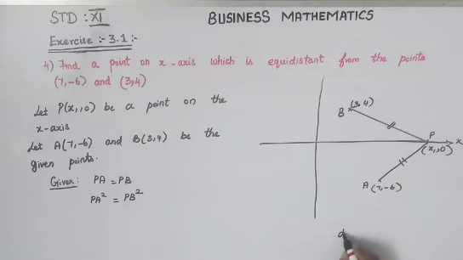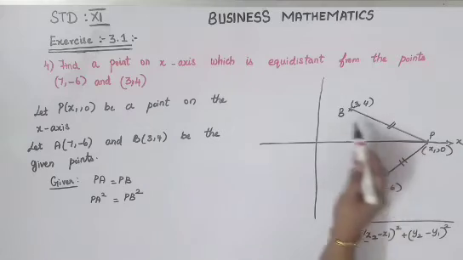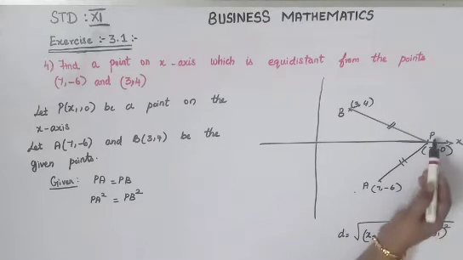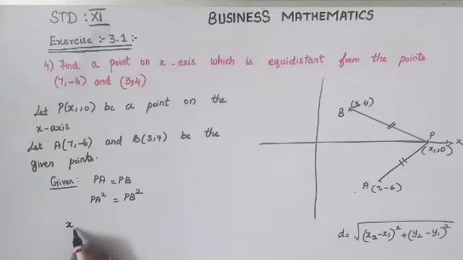Okay, so your distance formula is root of x2 minus x1 the whole square plus y2 minus y1 the whole square. In this formula we'll have to substitute it for PA separately and PB separately. So first we'll just go for PA square. P and A is here. So x1 minus 7 the whole square plus, okay, y2 minus y1.